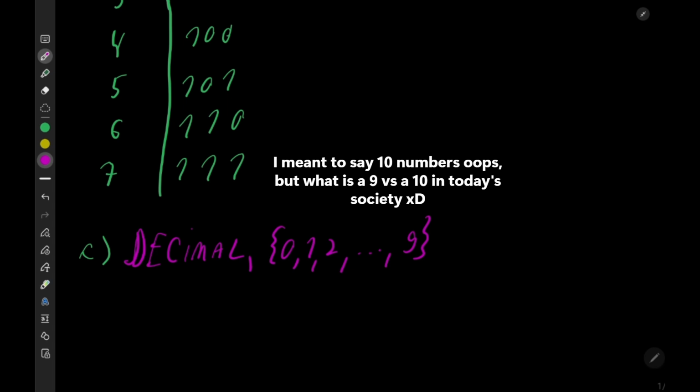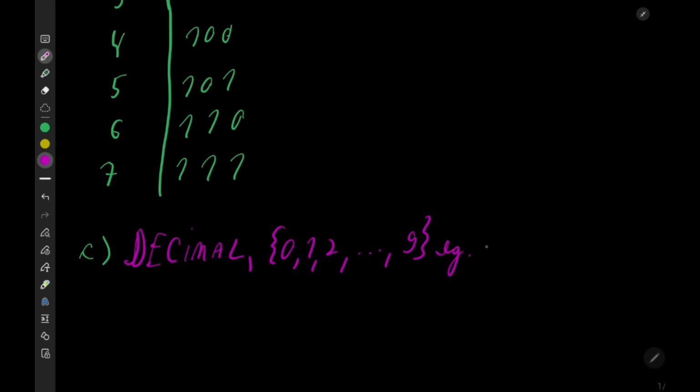And deca means 10. For example, a decimal number would be 297. And of course, as we did for binary and octal, to show it is decimal, we have to put this subscript 10 here. So 297 subscript 10. Okay.